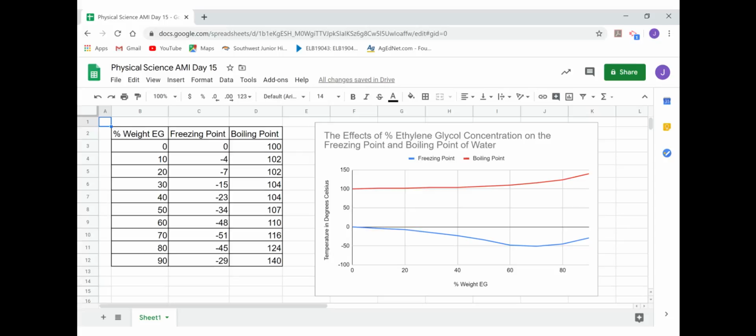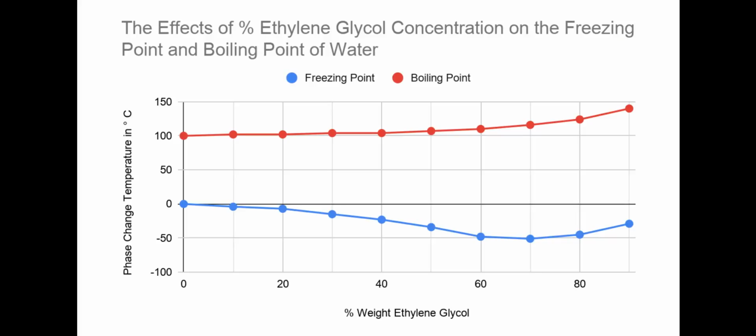Then I went in and put some data points so I could see those better and put some more lines in for my X and Y values. And I came up with this graph right here. I think this is a much easier way for us to look at this data set. Remember that we're focusing on the freezing point only. So you can ignore or disregard the data from the boiling point.